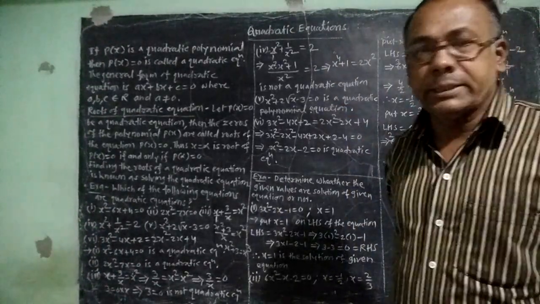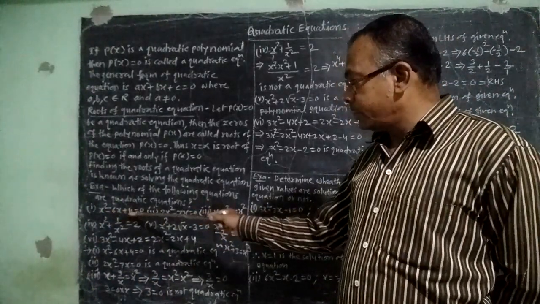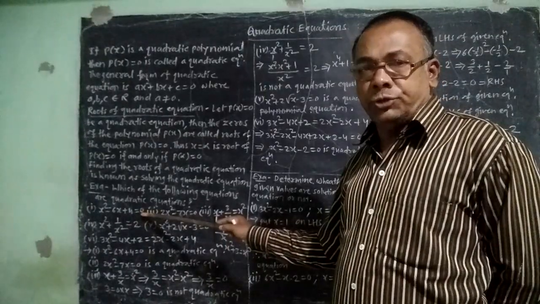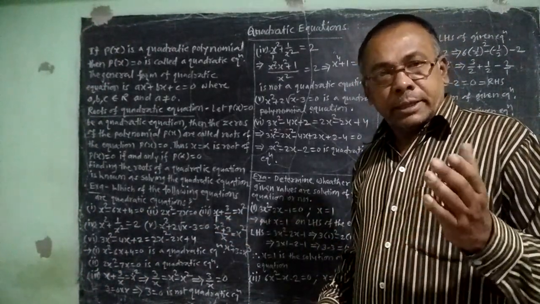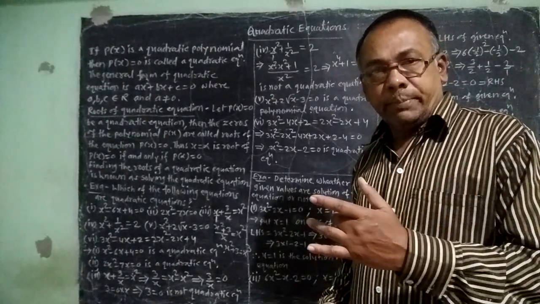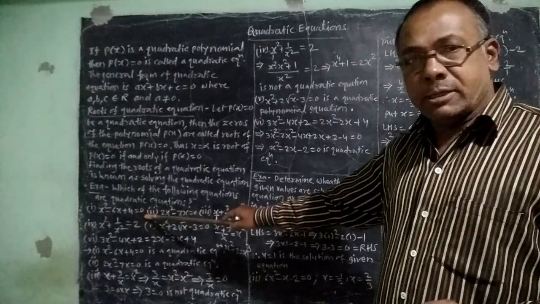First of all, the first equation, x square minus 6x plus 4 is equal to 0, is like ax square plus bx plus c, and therefore the first equation is a quadratic equation.